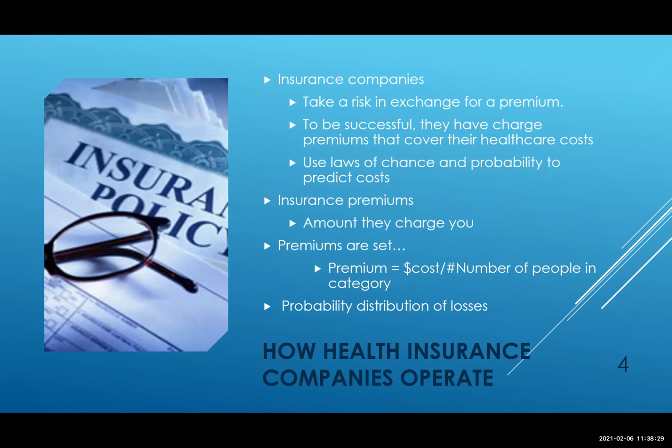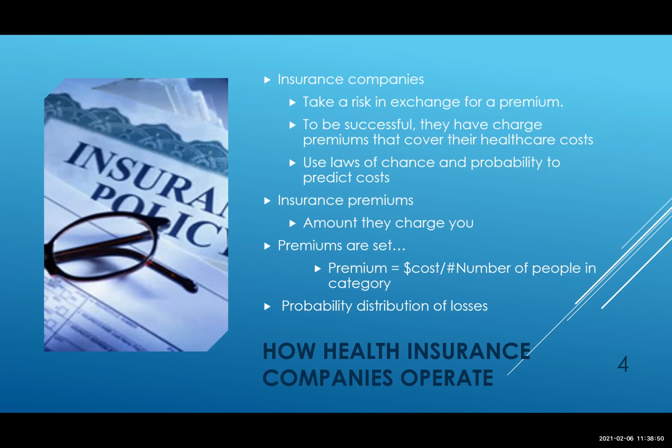But so the insurance company is taking the risk in exchange for the premium or the price that you're paying. And to be successful and to keep their doors open, they have to charge premiums that cover everybody's healthcare costs that they are insuring.